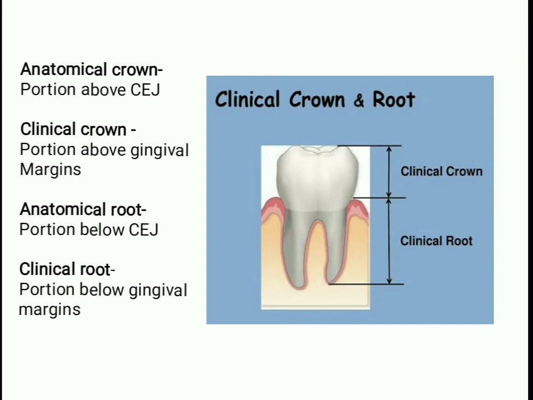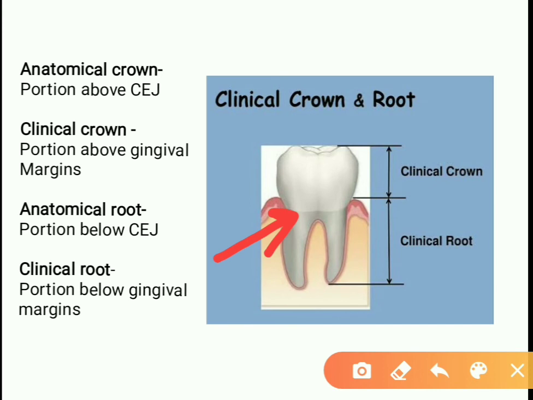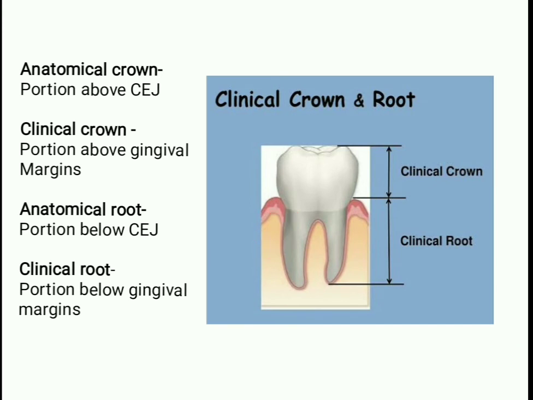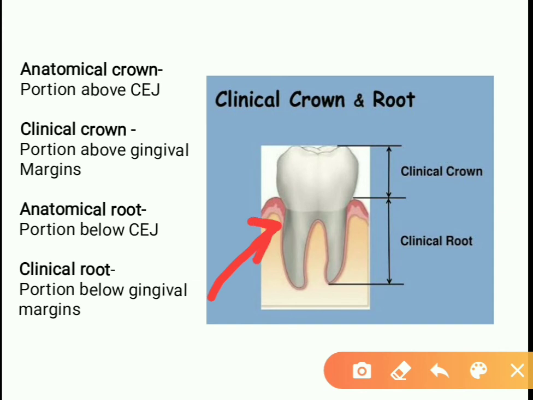The anatomical crown is the portion above the cemento-enamel junction. So you want to know what the cemento-enamel junction is. The cemento-enamel junction is the area where cementum and enamel meet.